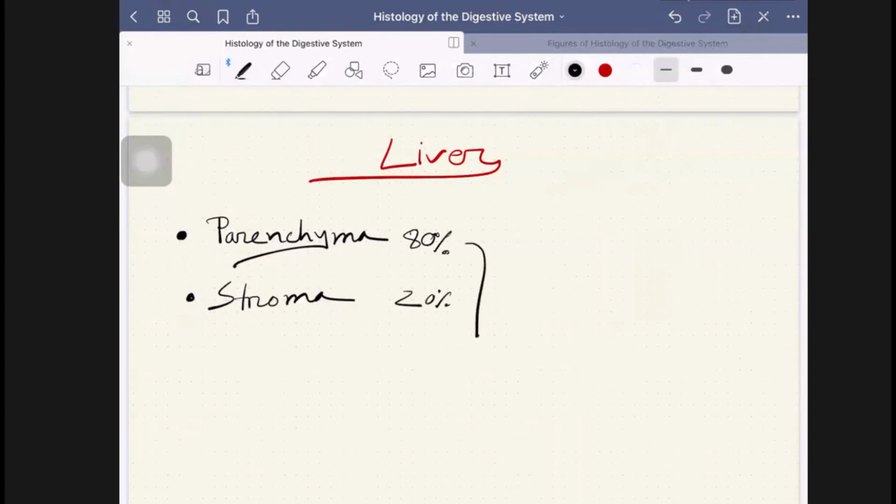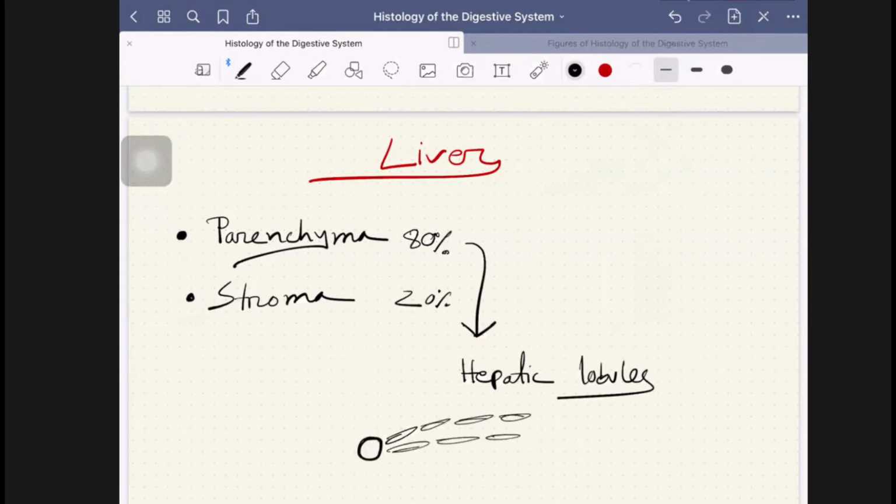These parenchyma in the liver are organized into different types of hepatic lobules. These hepatic lobules are formed by a central vein and radiating hepatocytes, arranged in different lobules. We will discuss that now.